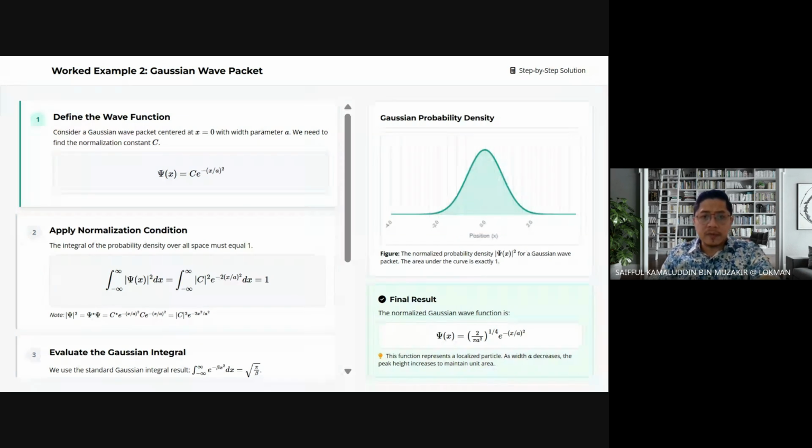All right, step 2: recognize this is a Gaussian integral. The general form is the integral of e to the minus beta x squared dx, and it must equal the square root of pi over beta.